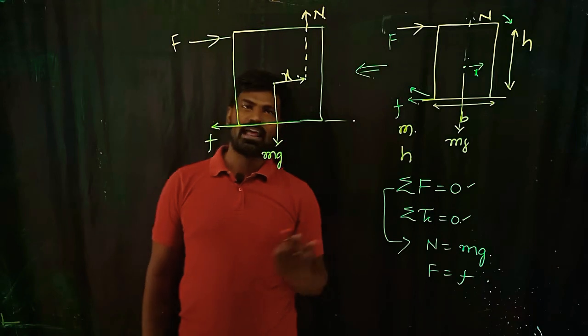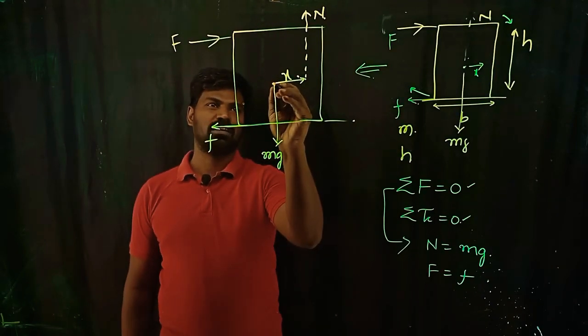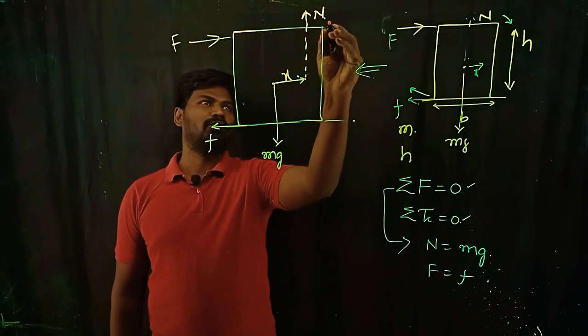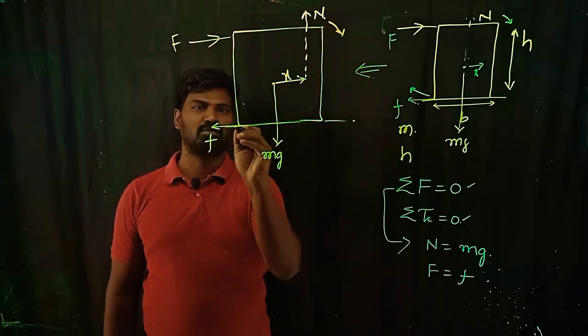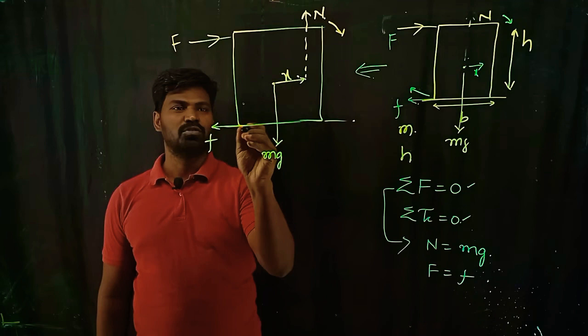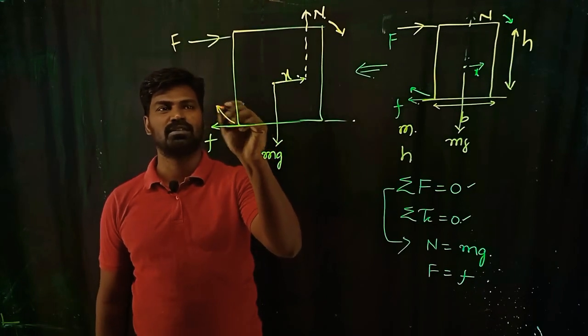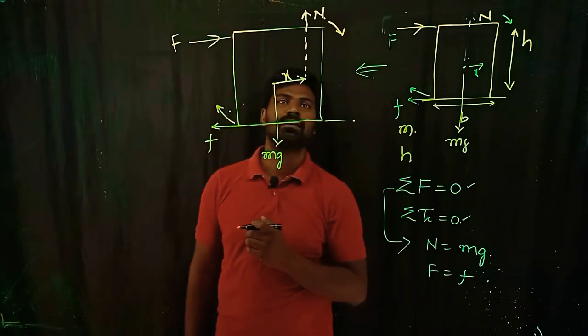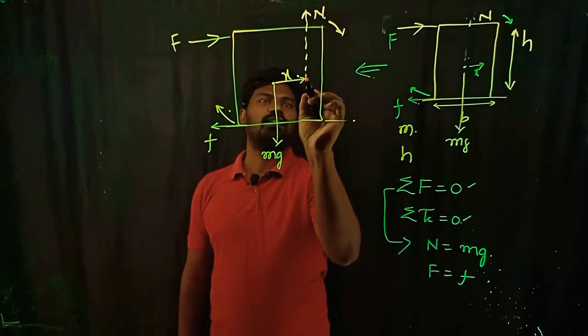Okay, so now again I am writing the torque equation about the center of mass. Just now I told you, due to the applied force, the body has a tendency to rotate about the center of mass. Due to the frictional force also, the body has a tendency to rotate in this sense, that is clockwise with respect to me. And then what about this normal reaction?